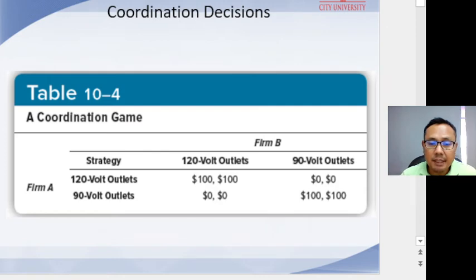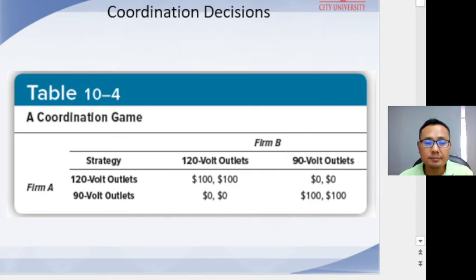Okay. So table 10.4 represents a hypothetical example of what is called a coordination game. Two firms must decide whether to produce appliances requiring 120 volt or 90 volt outlets. If each firm produces appliances requiring 120 volt outlets, each firm will earn a profit of $100.